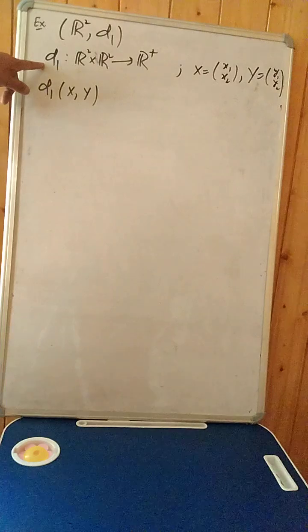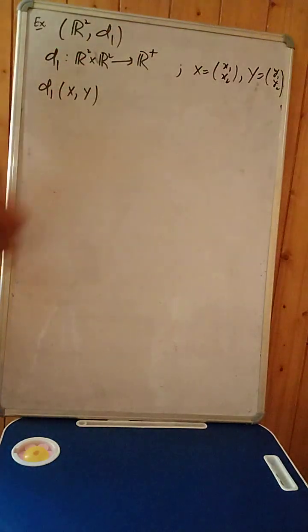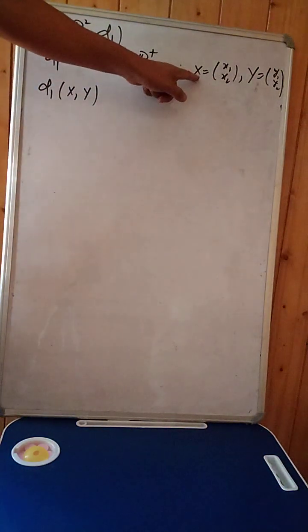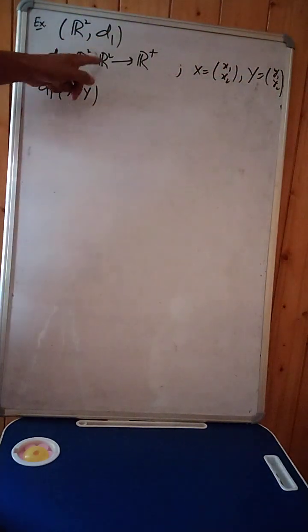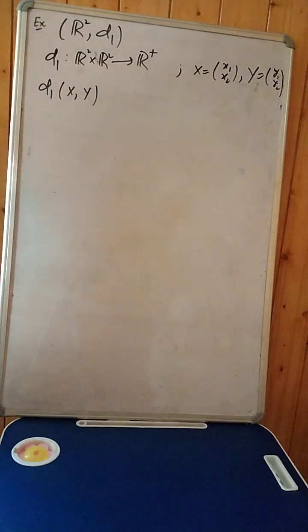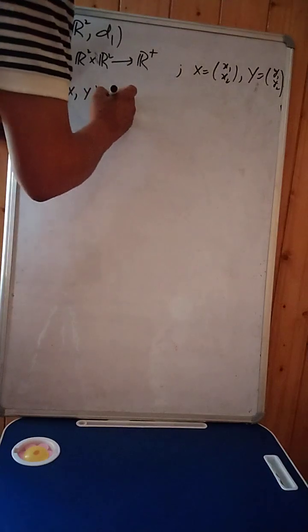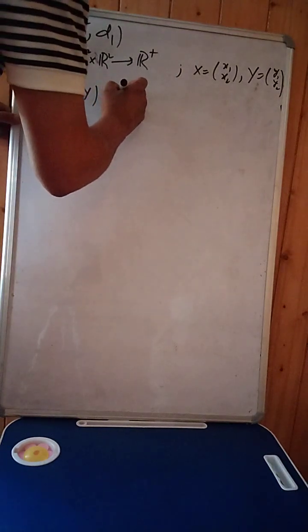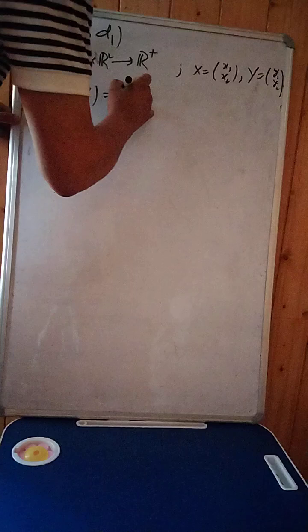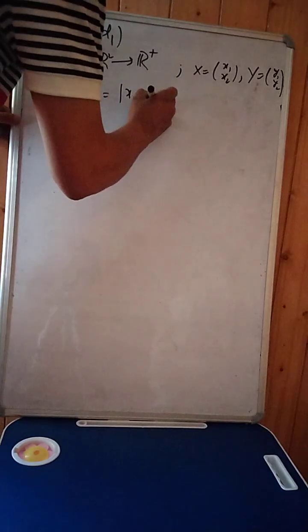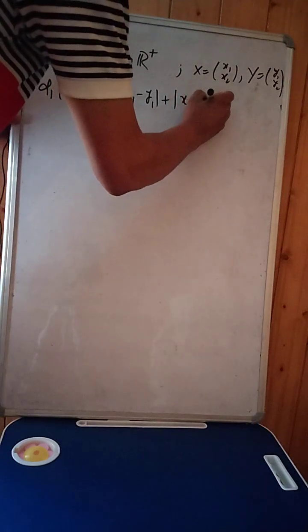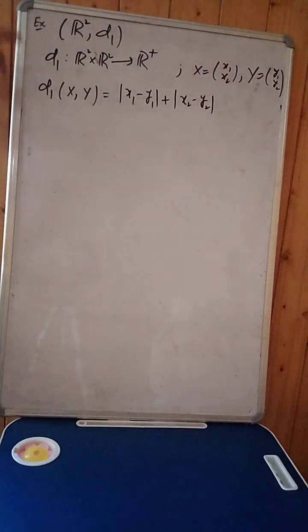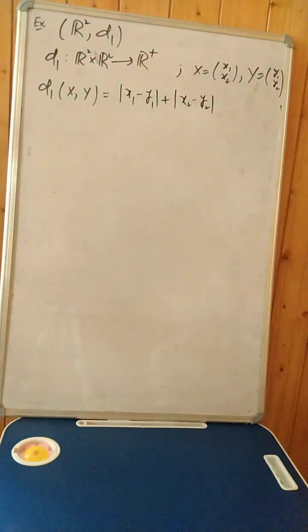So D1 is a metric from R² cross R² to R plus, and x is this vector which belongs to R², and y equal to (y1, y2) belongs to this R². So what is the definition of D1(x, y)? That is modulus of x1 minus y1 plus modulus of x2 minus y2. This is the definition of D1.